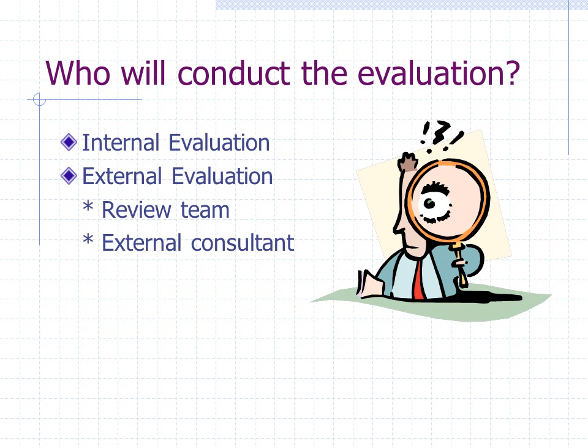And then finally, we need to think about who's going to do the evaluation. There's internal evaluation, so the evaluation is done by members within the organization, or external evaluation where you're hiring somebody from the outside to come in and do the evaluation. And that can be a single person, a consultant, or it could be a review team that comes in and does the evaluation. But in either case, you're contracting with an external group or an external individual to come in and do your evaluation.